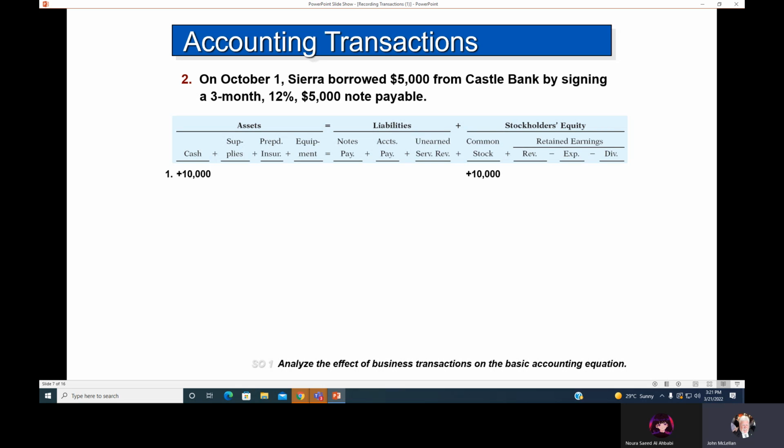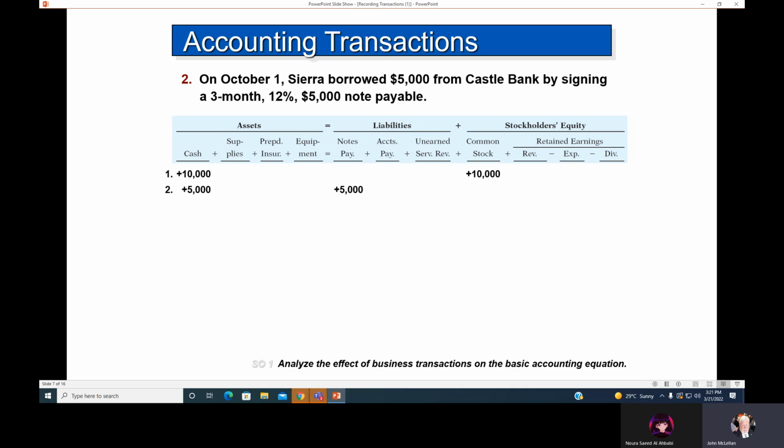Cash goes up or down? I got money, right? Notes payable go up or down? You got more notes payable. I have more. Am I in balance? Yes. Is it equal on one side and the other? As long as it's equal on both sides of that equal sign, I'm in balance.